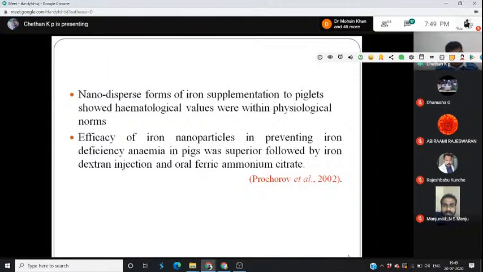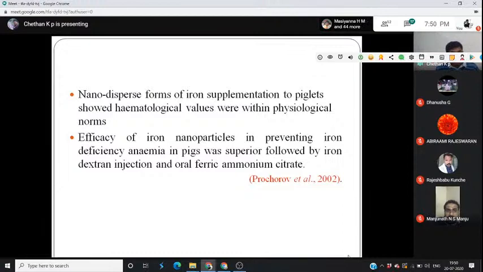Nano dispersed forms of iron supplementation to piglets showed hematological values within physiological norms. That means there was no harm, because once iron is absorbed, it will not be excreted out. So if you supply it in nano form, it may get accumulated. This was a hypothesis, but it was not so. It was within the normal values.